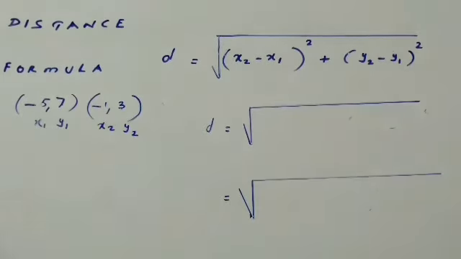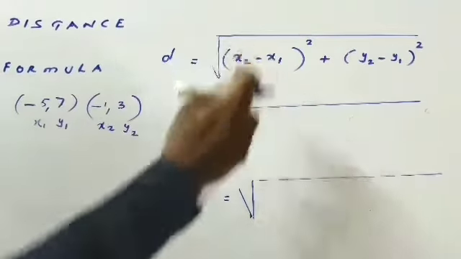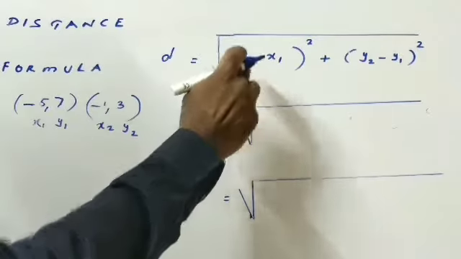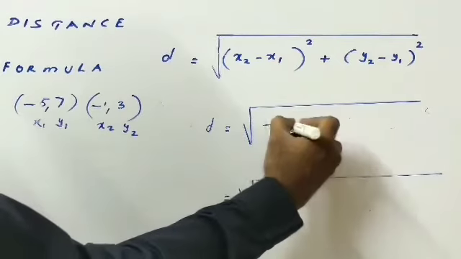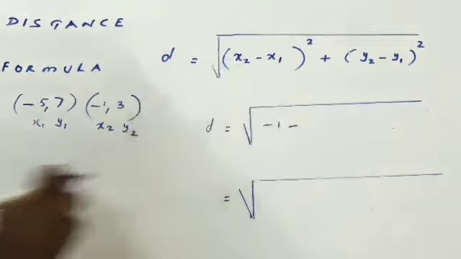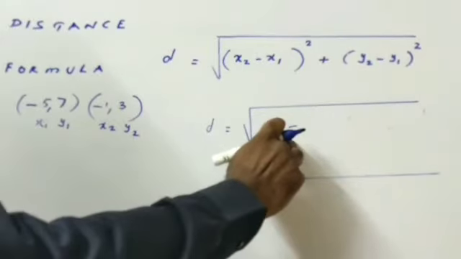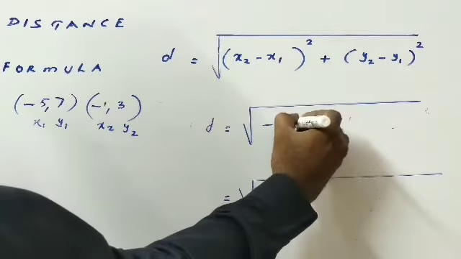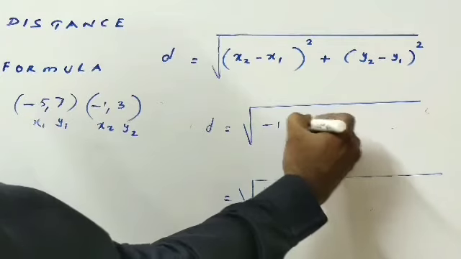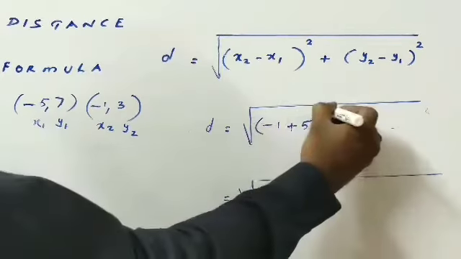Now apply the values in the formula. x2 minus x1 the whole square. First put the x2 value, that is minus 1. Then the minus symbol. x1 is minus 5. Already the minus symbol is there, so minus into minus is plus. So put plus 5 the whole square.